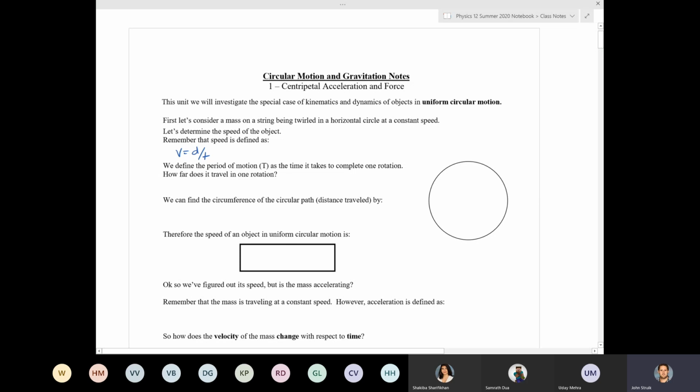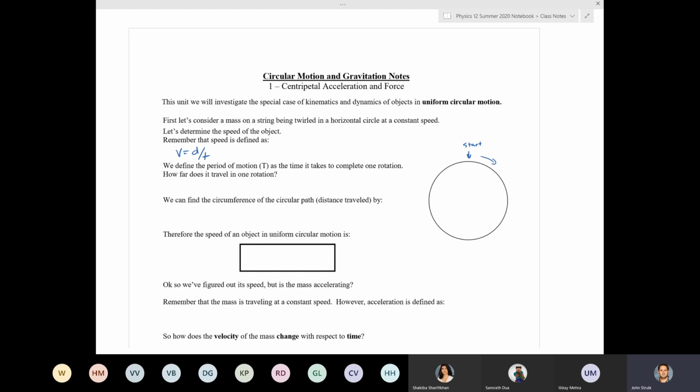In circular motion, we define time as a period of motion that it takes to complete one rotation, and we use capital T for period. If we were to, let's say it starts here and then goes all the way around that way and then ends here, the time it takes to get from one point to the other is one period. Okay, so one capital T.